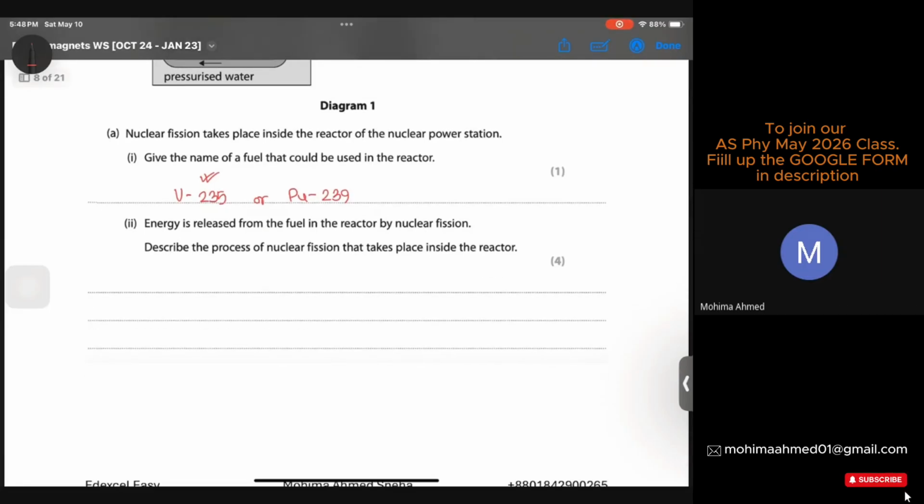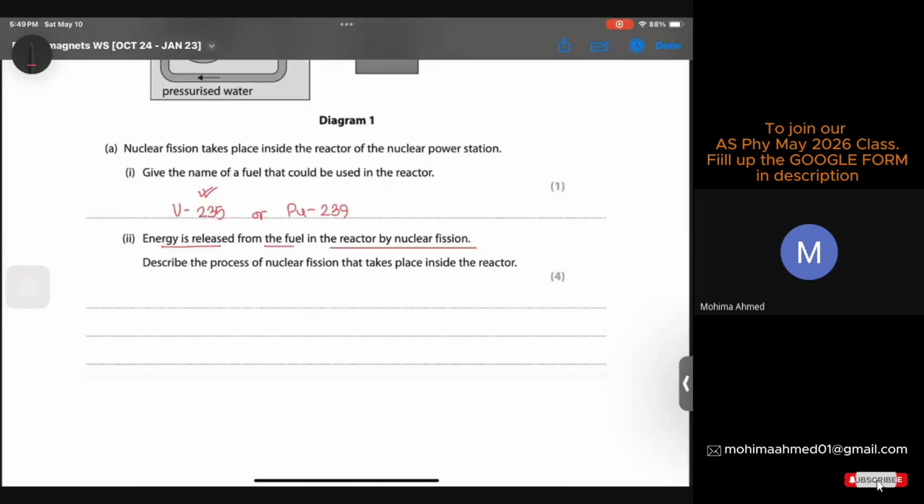Energy is released from the fuel in the reactor by nuclear fission. Describe the process of nuclear fission that takes place inside the reactor. It's 4 marks. It's a chain reaction.